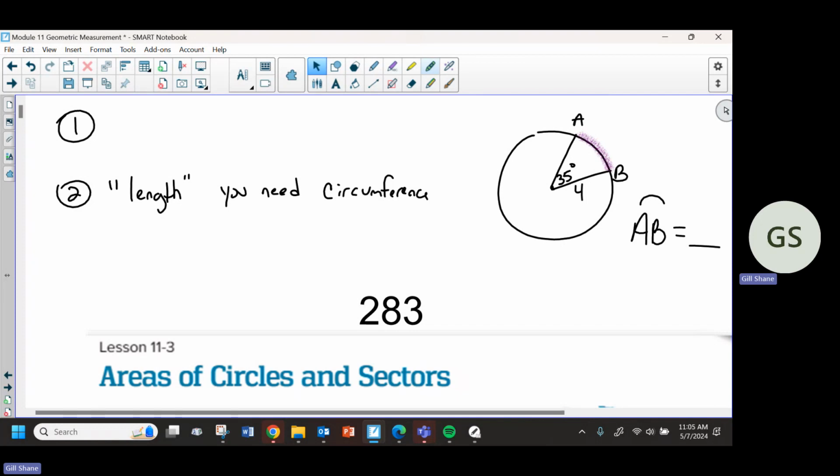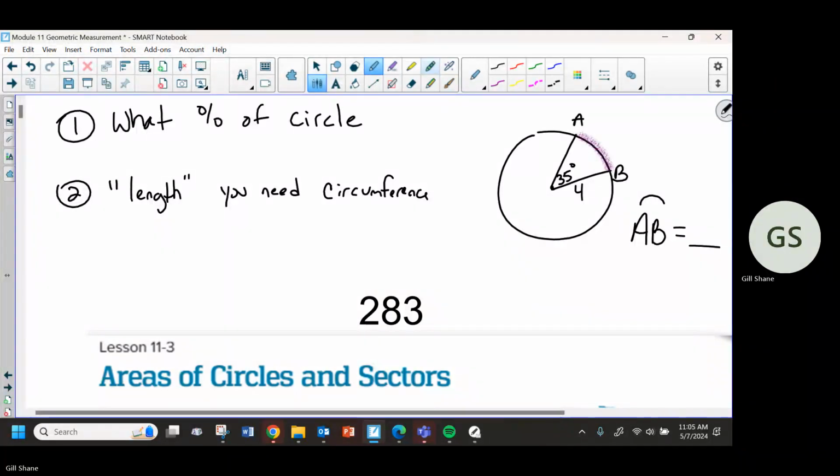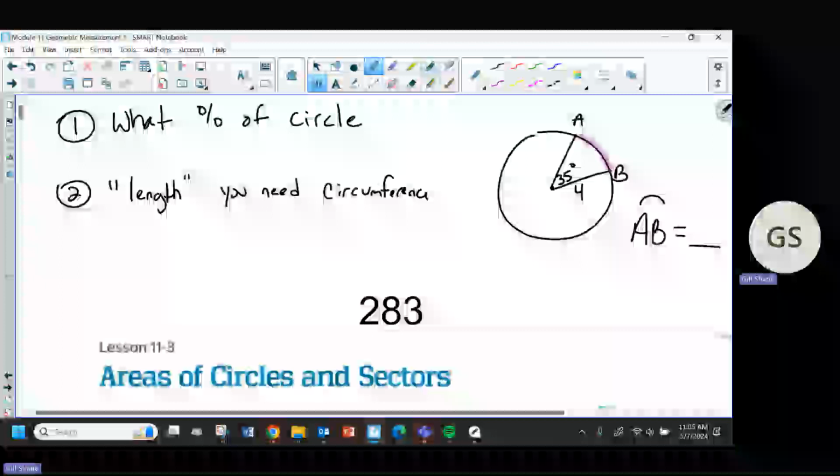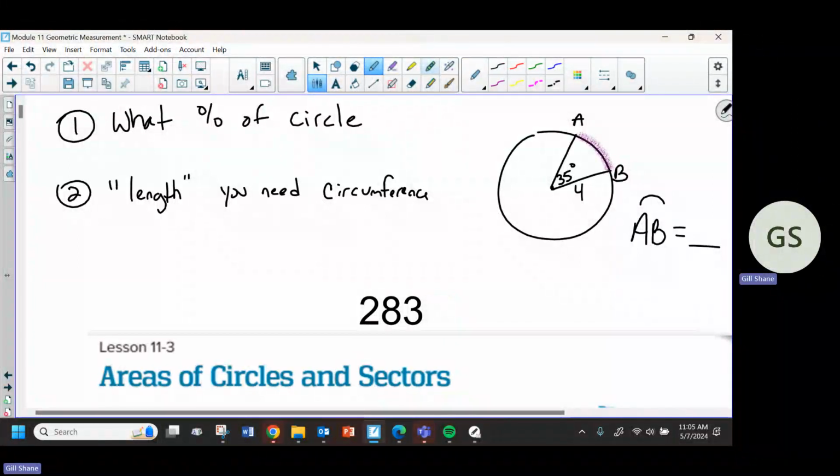So we said, I need to know what percentage of the circle I am talking about. It could be an arc, it could also be an angle. Sometimes we were solving for an angle, but mostly it was arcs and length of arcs.